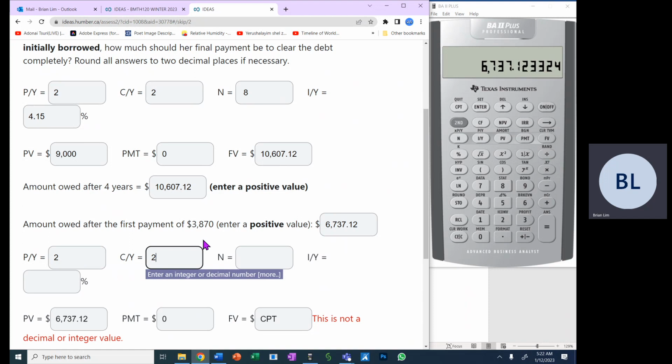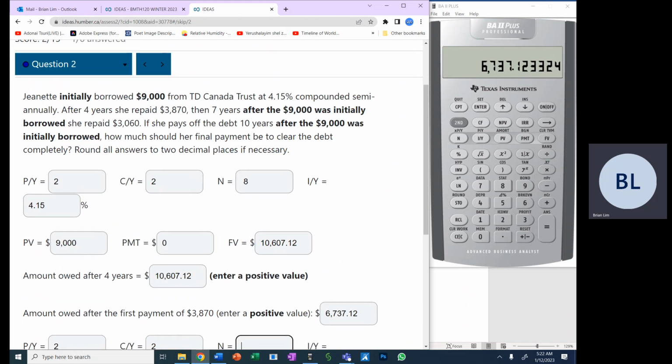All right, now this number here will be 2. There was no indication of any change, but this number here will change, correct? Now, the first part was for 4 years, remember? So now we are going to 7 years after the $9,000 was initially borrowed. Okay, so this is the $9,000. We're going to 7 years, but 4 years have passed.